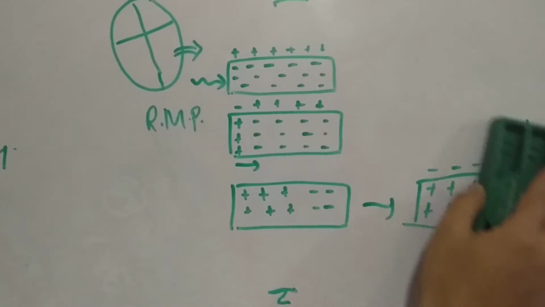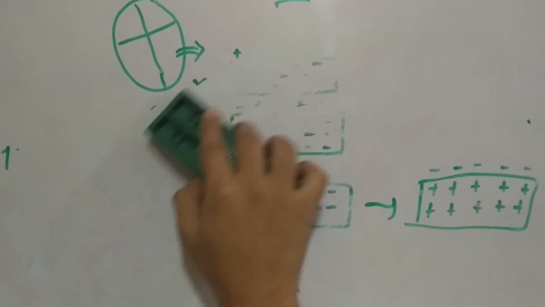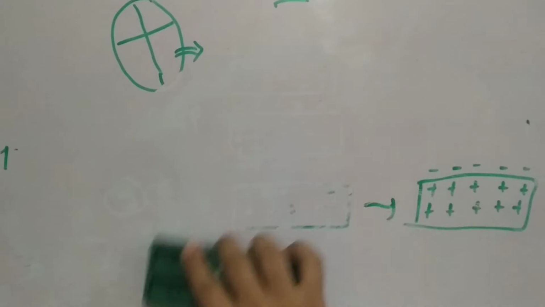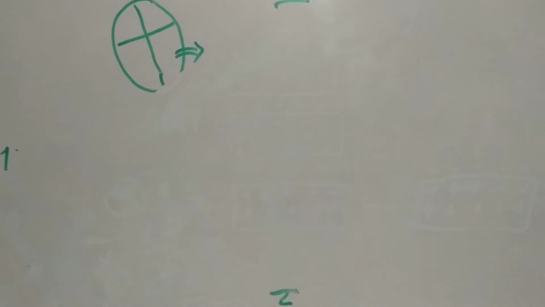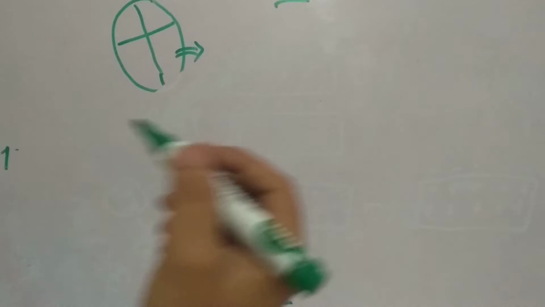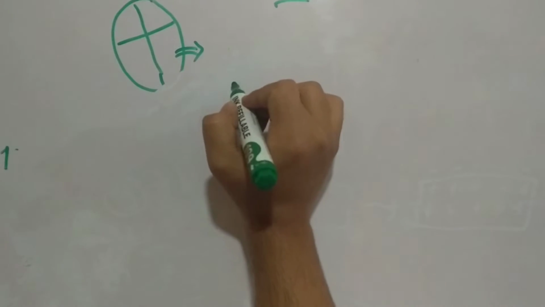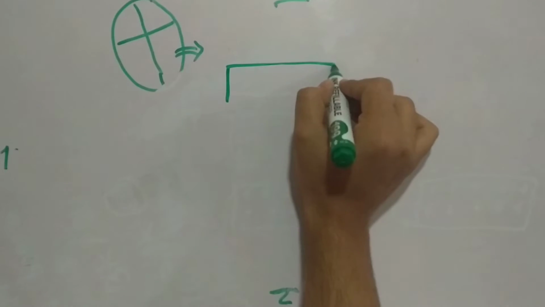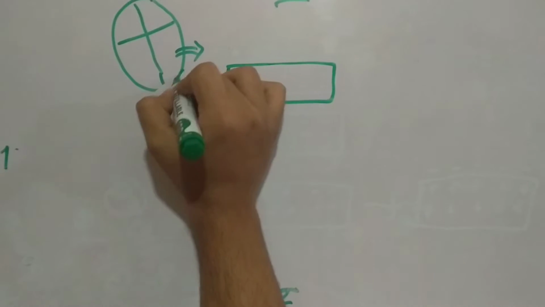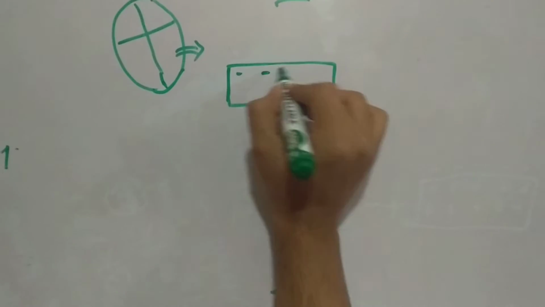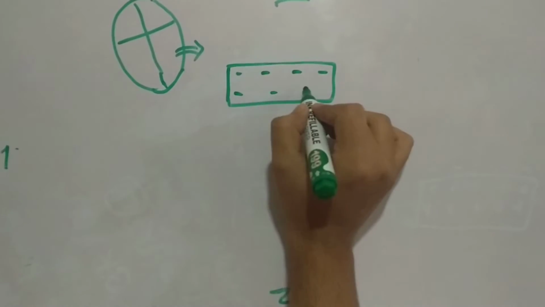Now what is important to know is that understanding ECG is like going back to basic sciences of plus 2. In plus 2 what we have understood is that, suppose this is the myocardium, and it is in its resting membrane potential. So initially inside here it will be negative.